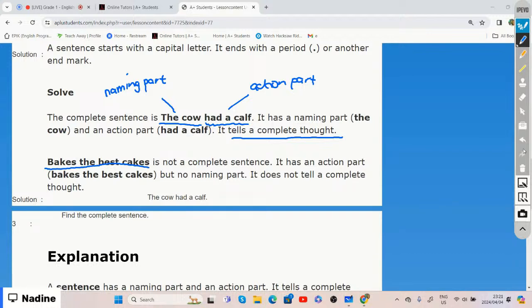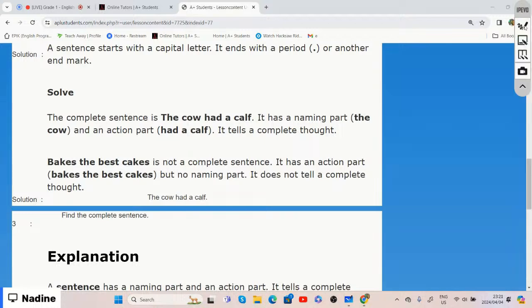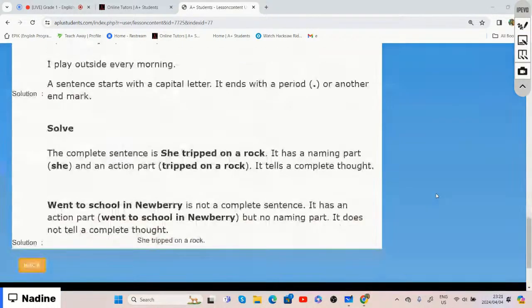All right, let's do the last one and then we're going to our test. It says we need the complete sentence, or we need to say if it's not a complete sentence. It says she tripped on a rock.